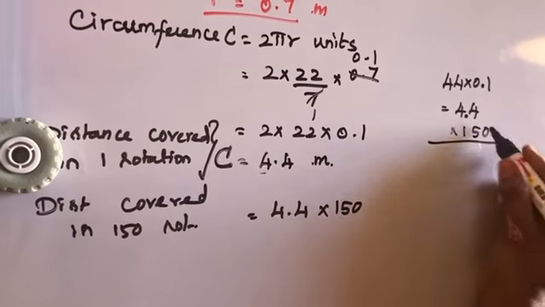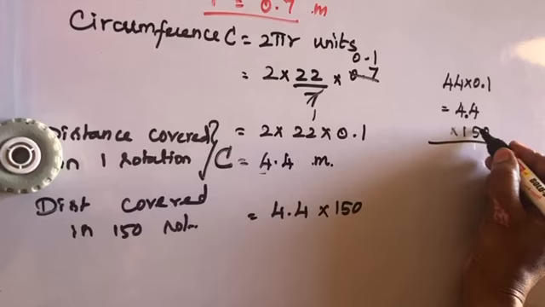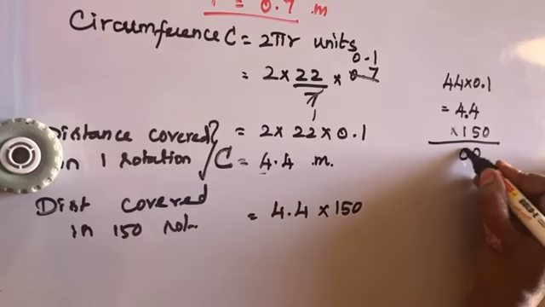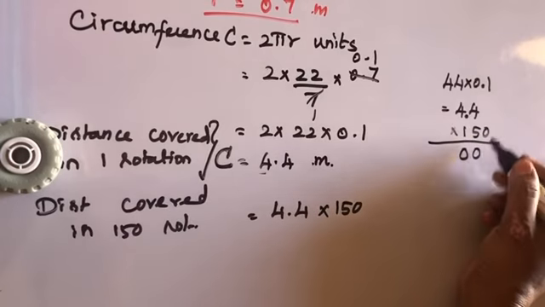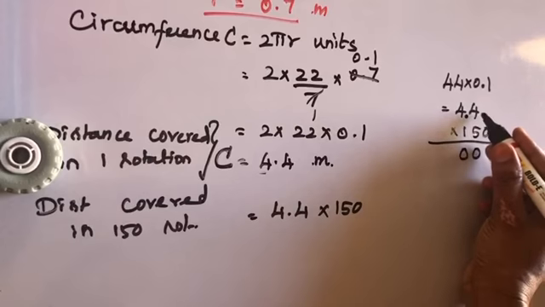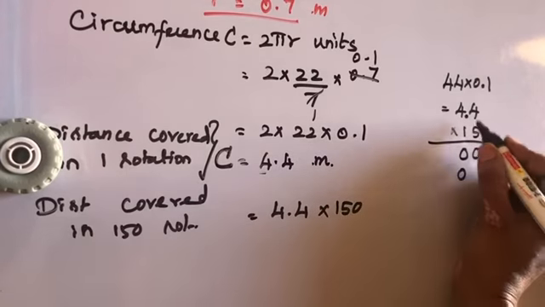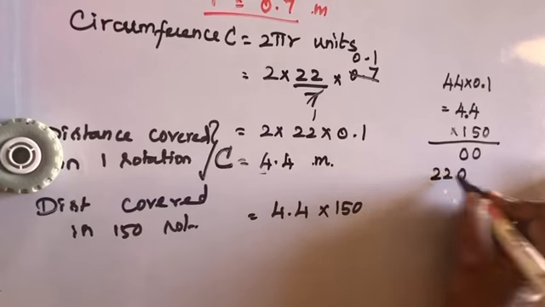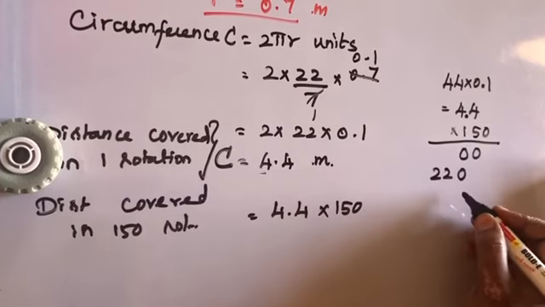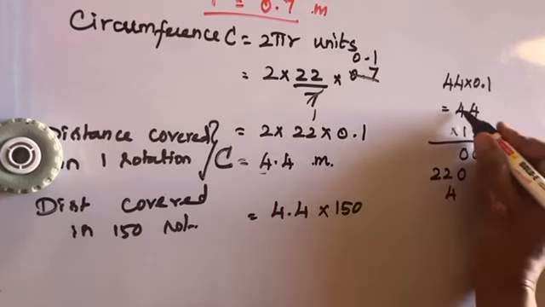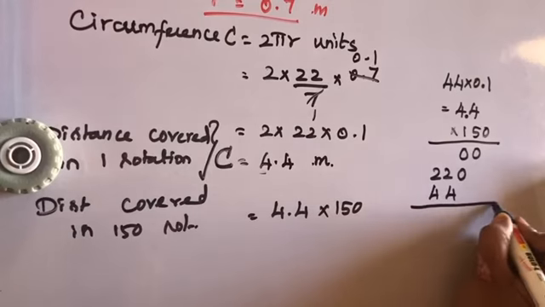For 0 we'll keep it. While multiplying it with 0 you get 0 only, right? So 0 into 4 is 0. Now while multiplying it with 5, 5 4s are 20, 0 remaining 2, 4 5s are 20, 22. Now you have to multiply with 1. 1 4 is 4. Decimal multiplication we have learnt.